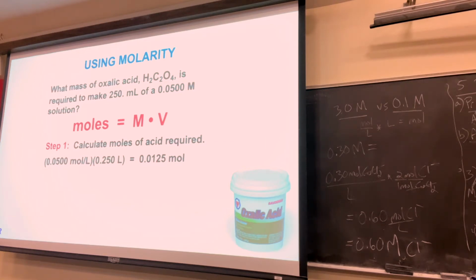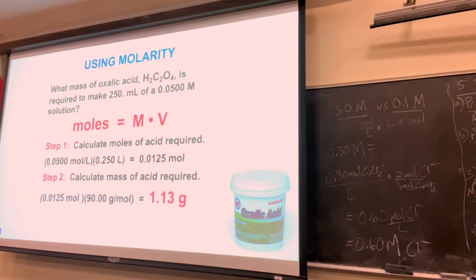250 means 3 sig figs, all right? Don't forget that. So 3 sig figs, 0.250 liters. The molarity, 0.0500 moles per liter. Multiply them together, 0.0125 moles. That's the moles of oxalic acid we just figured out. And moles to grams is what we use the molar mass for. So we got to figure out the molar mass of H2C2O4. 2 carbons, 2 times 12, plus 4 oxygens, 4 times 16, plus about 2 times 1.